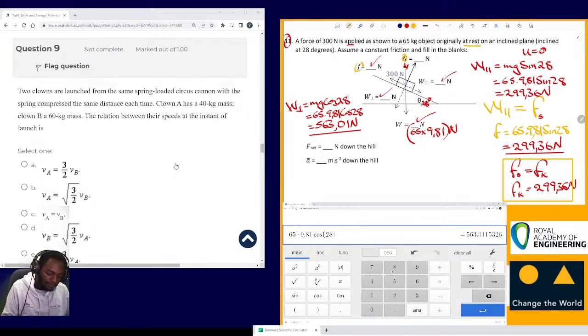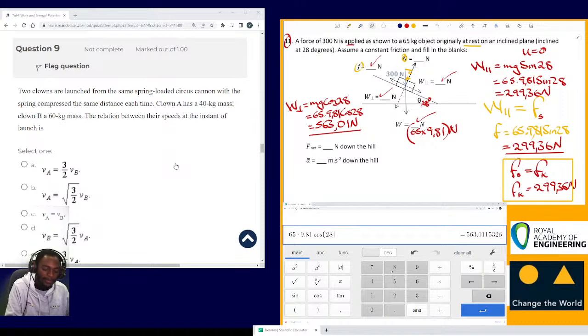Alright, so now let's analyze when the force is applied. When the force is applied, this object begins to move, which means it is going to accelerate because of the force now being applied. You can satisfy yourself that this is our angle theta, and we have a right angle triangle there. We need to resolve the x direction of this force.